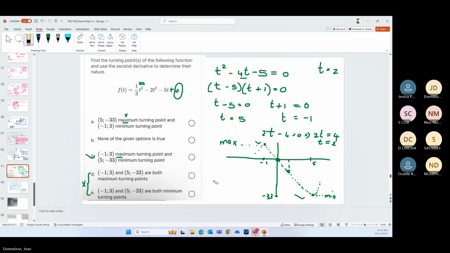See, I would always draw the graph just to make it simpler. Let's see if we don't draw the graph. I'm just thinking on that question now, how can we show this without drawing a graph?